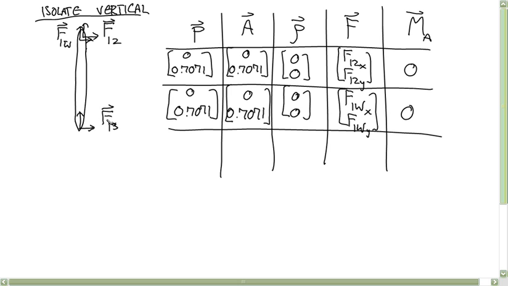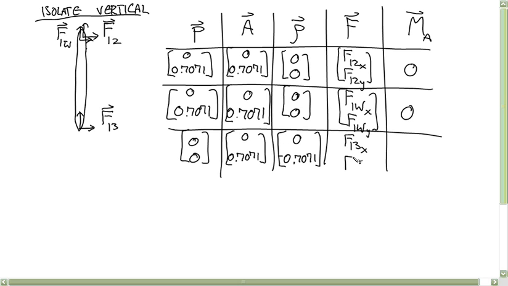And then F13, that's applied at the origin. The about point is still 0.7071. The rho vector is 0, negative 0.7071. F13x, F13y. And that gives positive 0.7071 F13x.